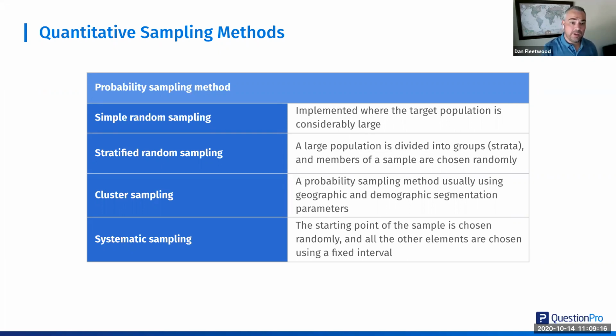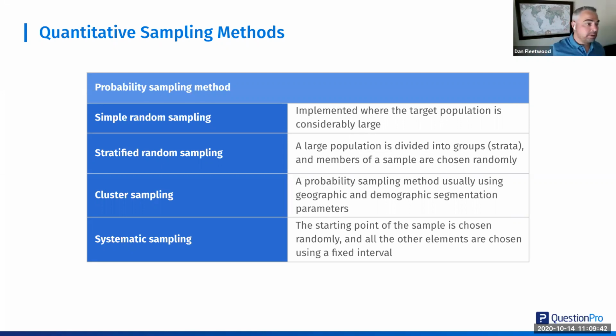So some of the different types of probability sampling is simple random sampling, implemented where the target population is considerably large. So you're randomly selecting respondents to participate in a survey. You're not targeting it in any way. Stratified random sampling, it's divided into groups and members of the sample are chosen randomly. And then cluster sampling and systematic sampling as well.